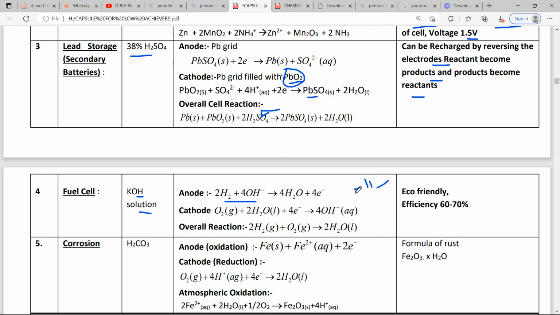What happens here? The hydrogen gains OH- ions from the water and forms H2O and releases 4 electrons, and those 4 electrons are utilized by the oxygen and water to form OH- ions. In the overall reaction, hydrogen and oxygen combine together to give water. So this is eco-friendly and effective. So this is fuel cell.